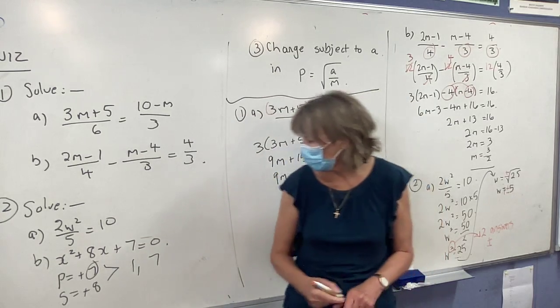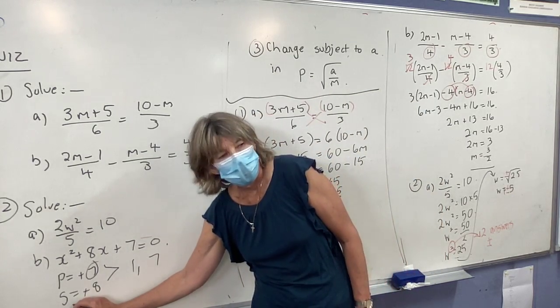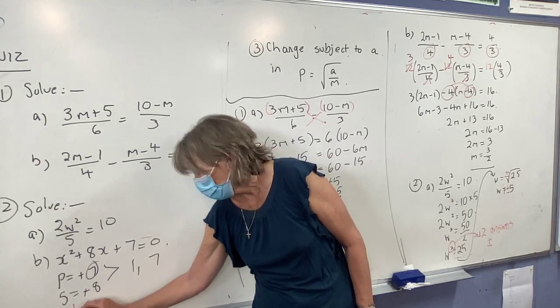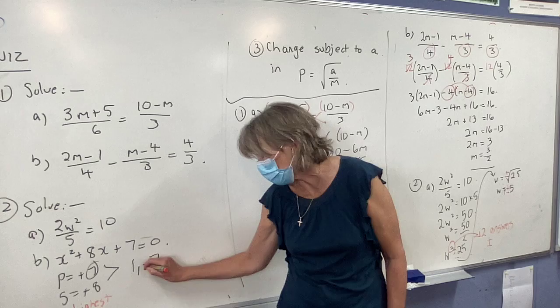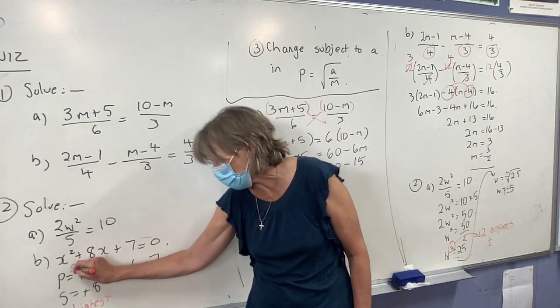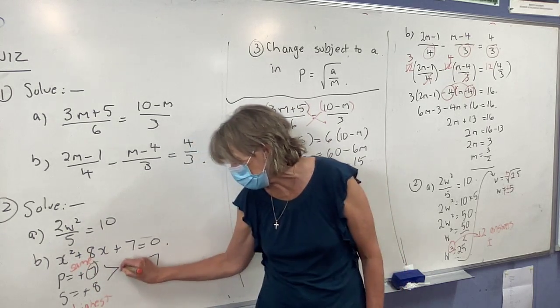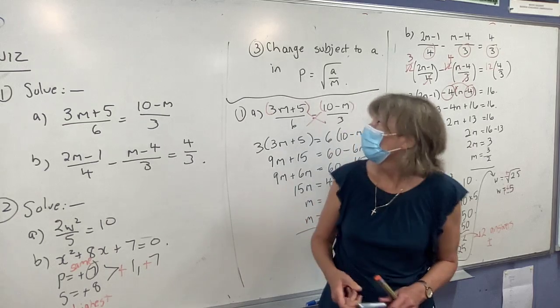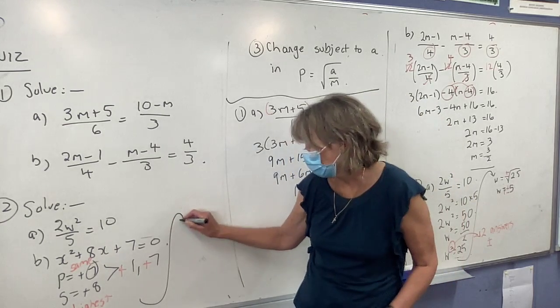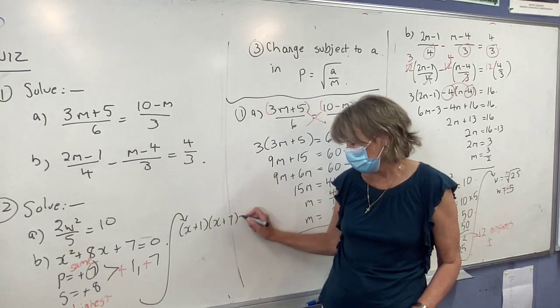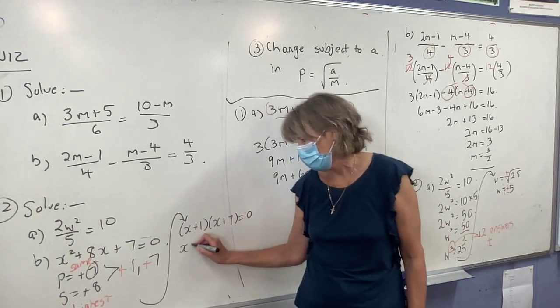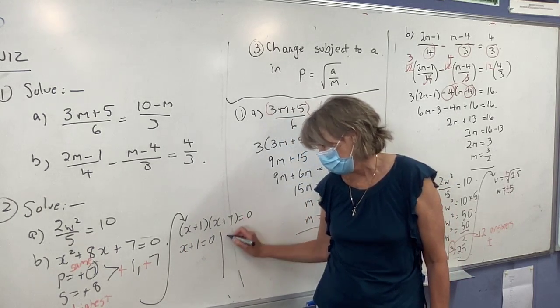The sum is positive 8 and the product is positive 7, so they have to be the same sign, and they both have a plus. Continue. And it's x plus 1, x plus 7 equals 0. Then x plus 1 equals 0, so x equals negative 1, then x plus 7 equals 0, and x equals negative 7.